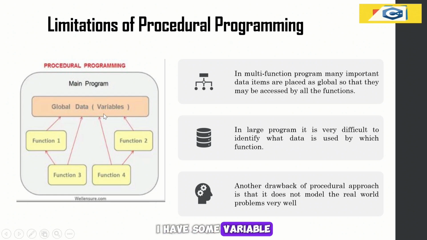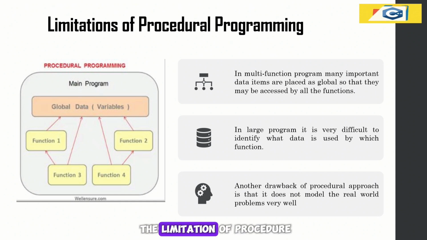I have some variable globally declared, and function 1, function 2, function 3, function 4 are all able to access that global data, which hampers data integrity. I am not getting the original data. The data is getting changed as it travels from one function to another function. That is one of the limitations of procedure oriented programming.